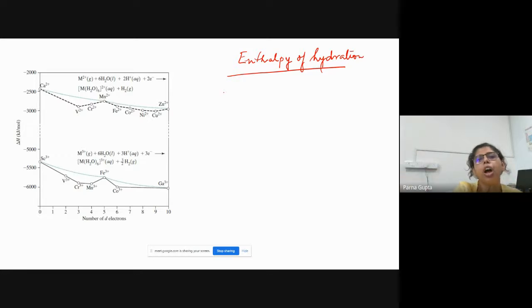And if you now go, I have this graph, but maybe I do not have it here. Okay, you will get it in the book. So if you just look at the enthalpy of hydration del H, you will see that the effect on del zero more or less varies with the LFSE value.